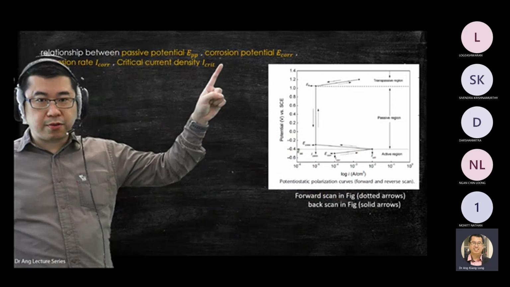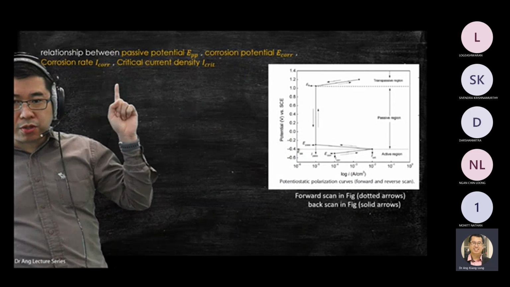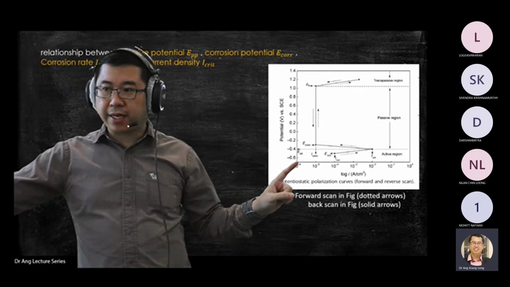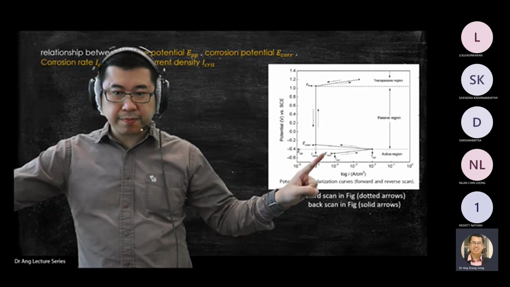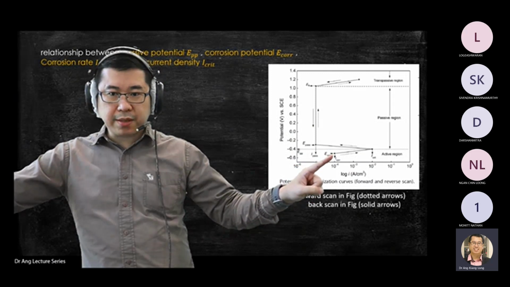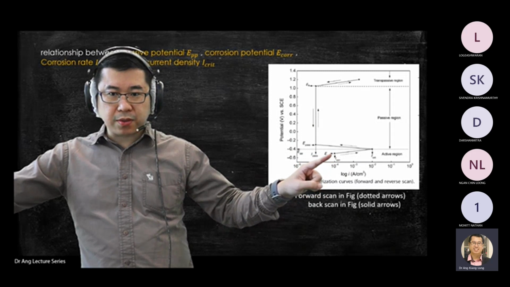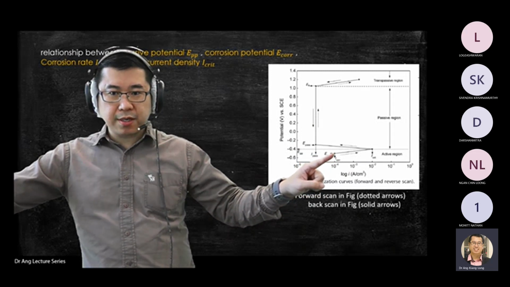Another one that we are quite familiar with is the corrosion potential and the corrosion rate. With this, we look at the active region. Let's say we pick a point somewhere in the active region. This point gives you a y and x coordinate.